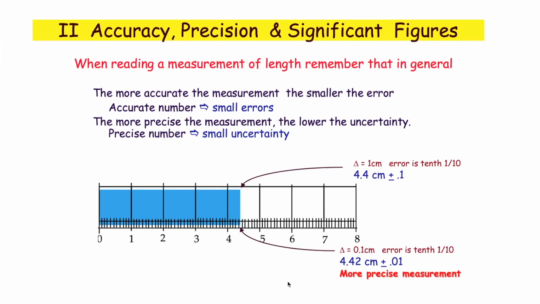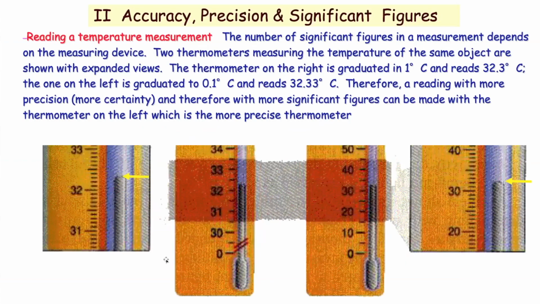So let's move on. I want to make sure that you see this also in this thermometer. If you look at this thermometer right here, you can see that this is 32, and that's 33. This is 32, 32.1, 32.2, 32.3. You can see that it's between 32.3 and 32.4, and the delta is 0.1 degrees.